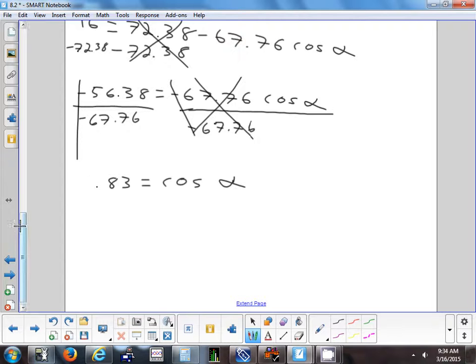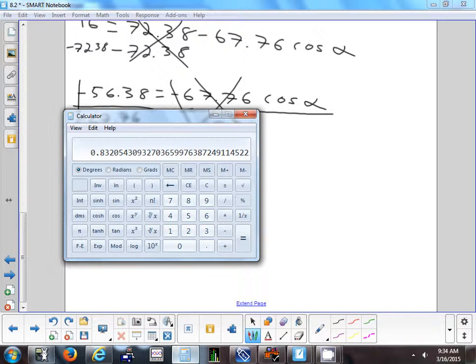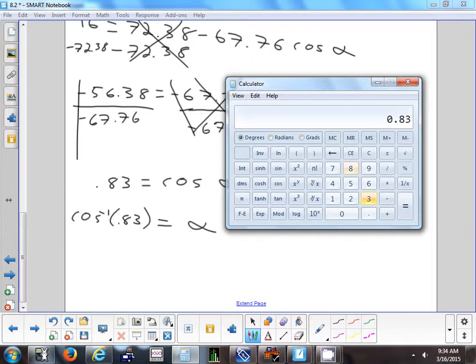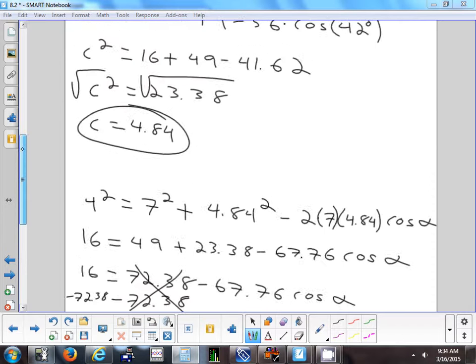And my last step, to get rid of cosine, do inverse cosine on each side. Now you don't have to worry about looking for a second answer. As I told you, this was the type that only had one solution. Okay, so it's 33.90. That's all.